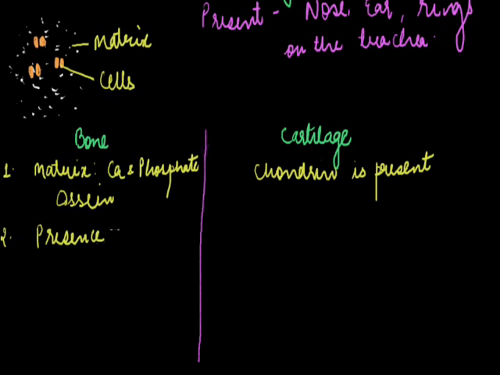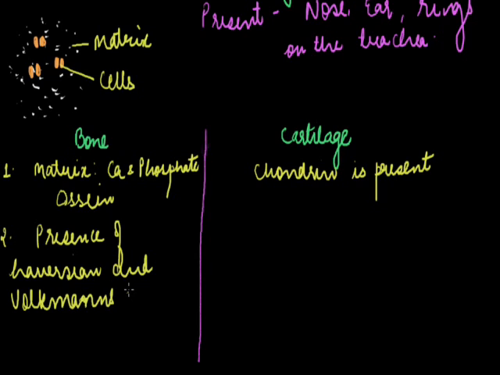The second difference is the presence of Haversian and Volkmann canals. Here no such canals are present.